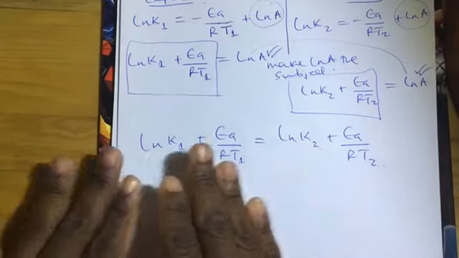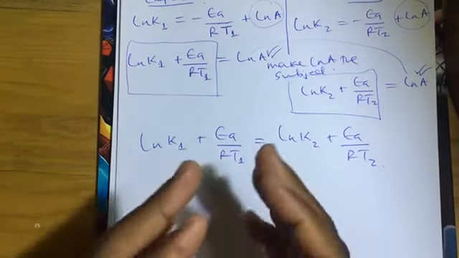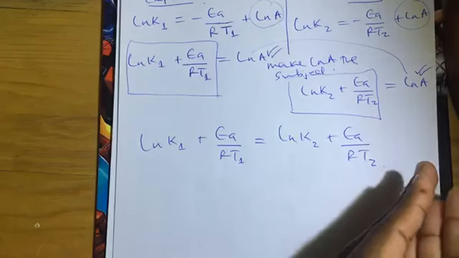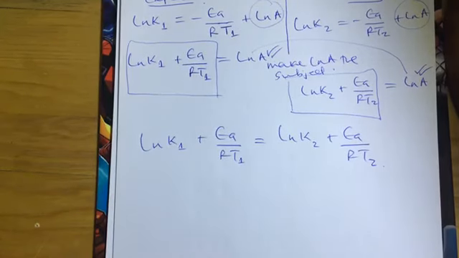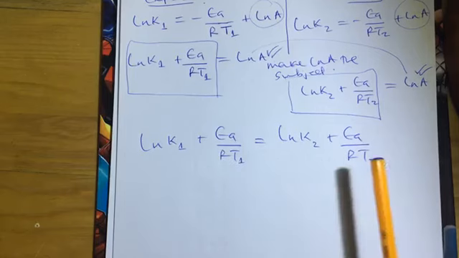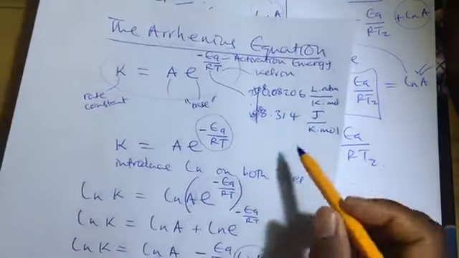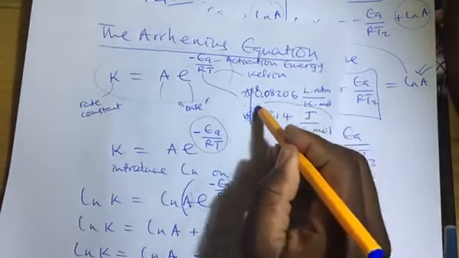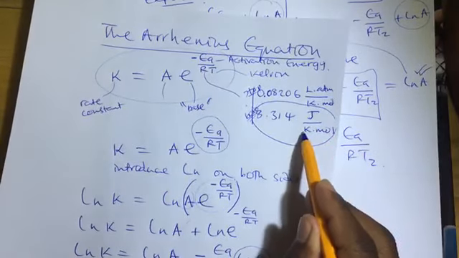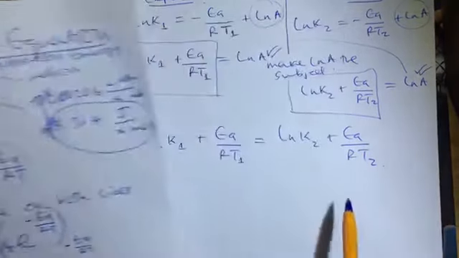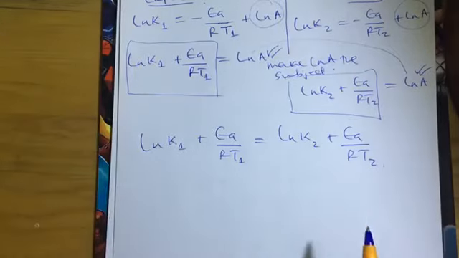So I want the constants to be on one side of the equal sign, and I want anything that has T to be on one side of the equal sign. You get? Now, what units do you think T has if R has units of joules per kelvin per mole?